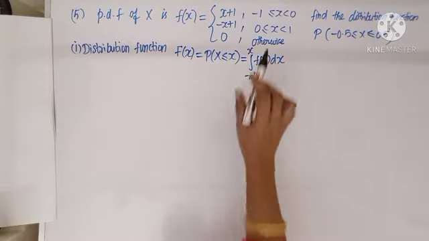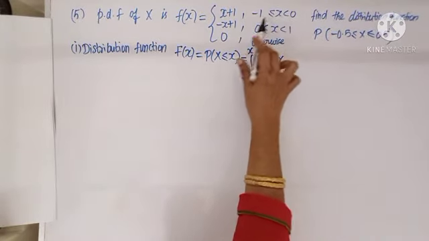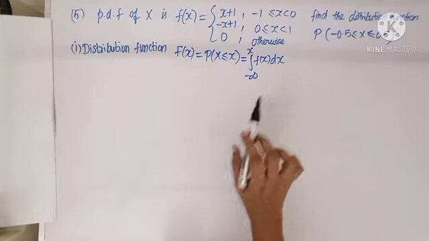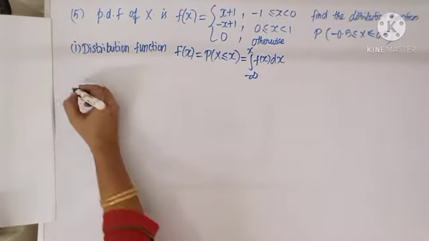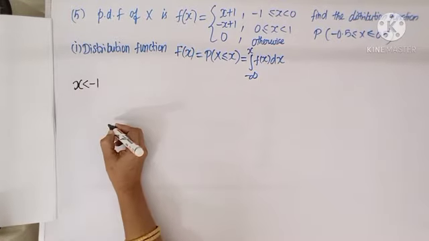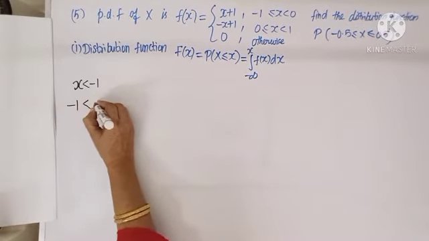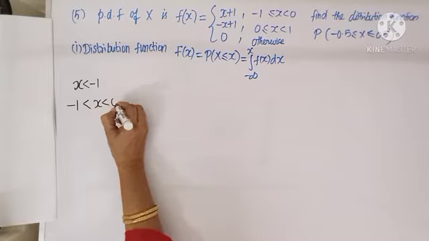Here, the limits are minus 1 to 0, 0 to 1. How will I split it? What happens if x is below minus 1? What happens if x is between minus 1 and 0?